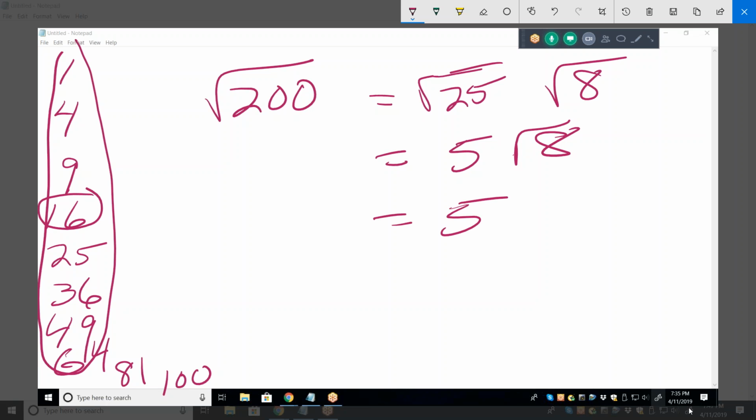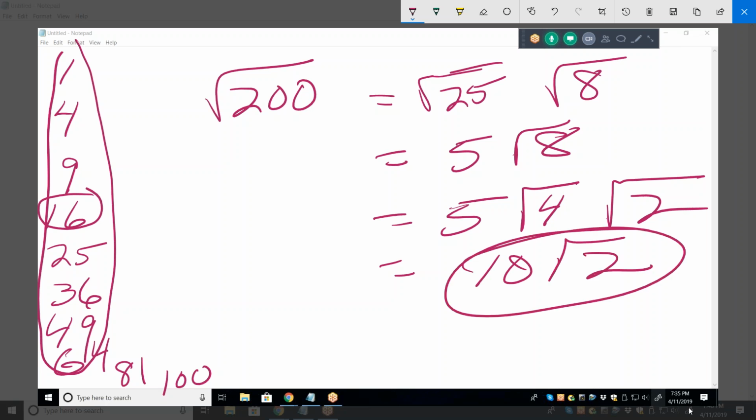What does root 8 equal to? Root 8 is root 4 times root 2. What's that turn into? That turns into 5 times 2 root 2, or 10 root 2. Same answer we got the first time, only it took 4 steps.